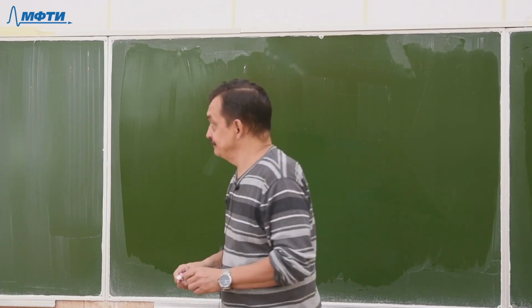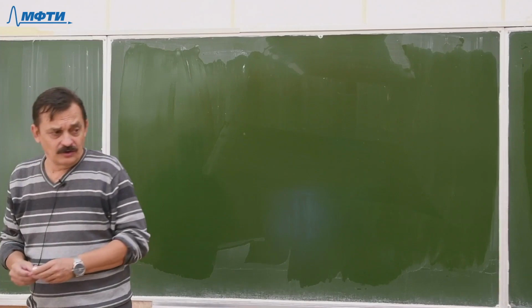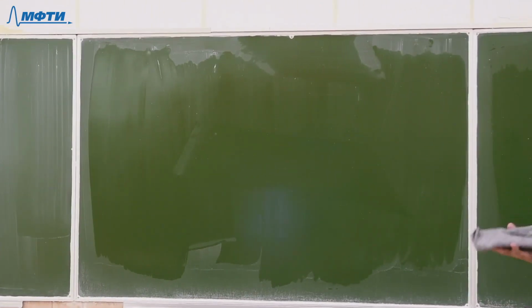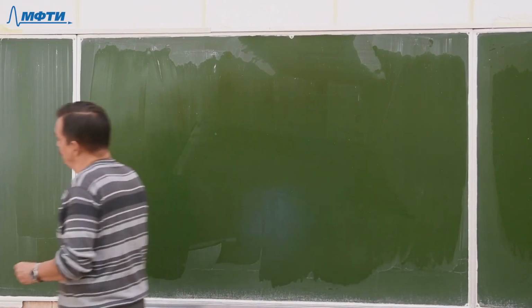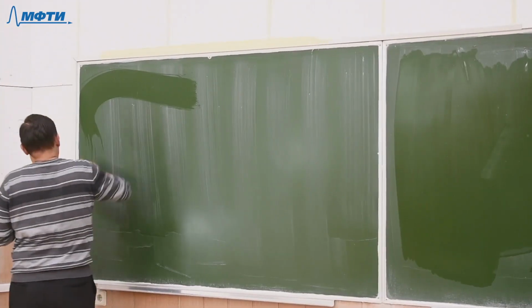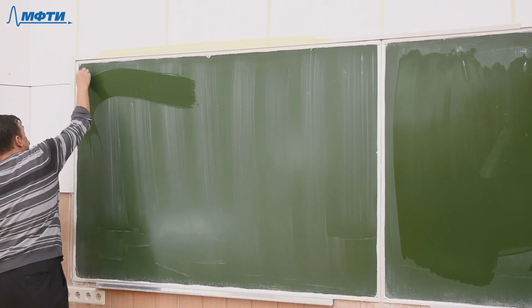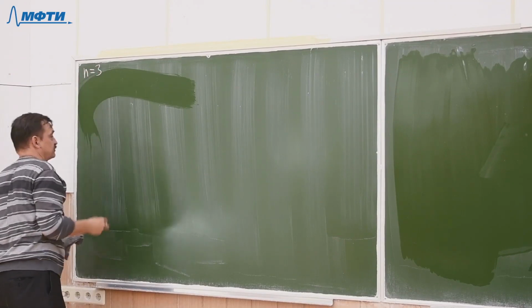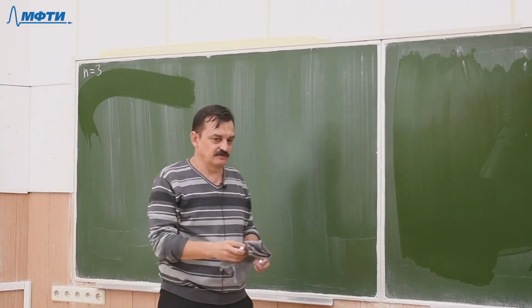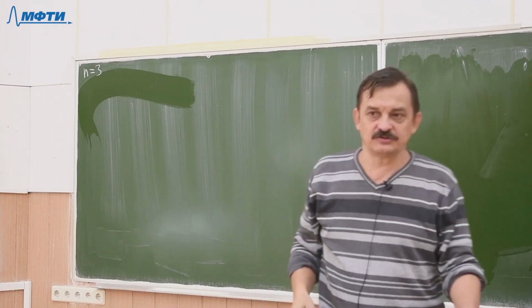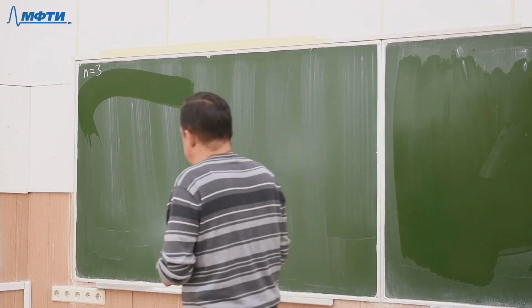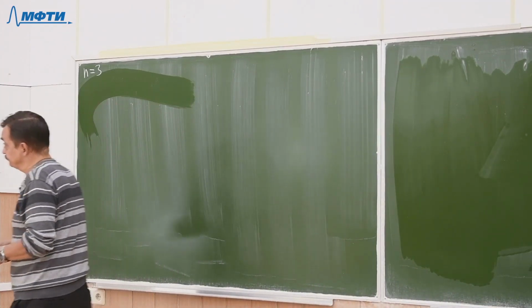Okay, so now we continue our studies of geometry of curves, and we look at the case n equals 3. So curves in usual 3-dimensional space. So let me draw a picture.